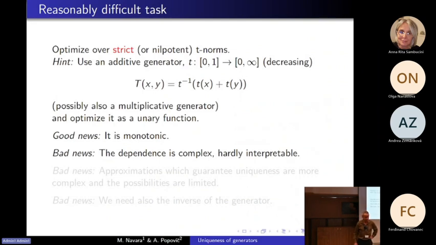And I hope I will persuade you that this is the case. So regretfully, when we change the generator, we don't see what happens with the t-norm. And the problem is because the generator occurs here, but also here as its inverse. So when you change something, you change something else, and it's difficult to have it under control.